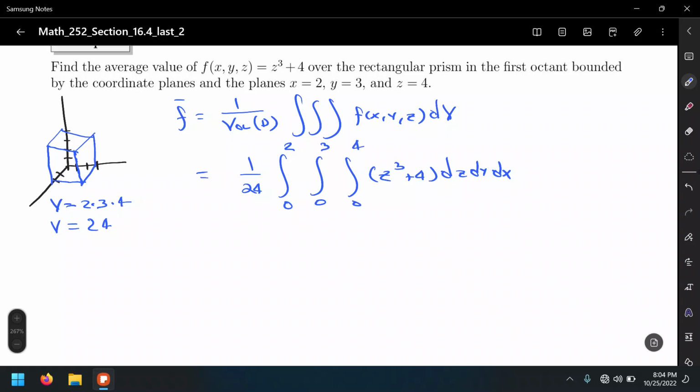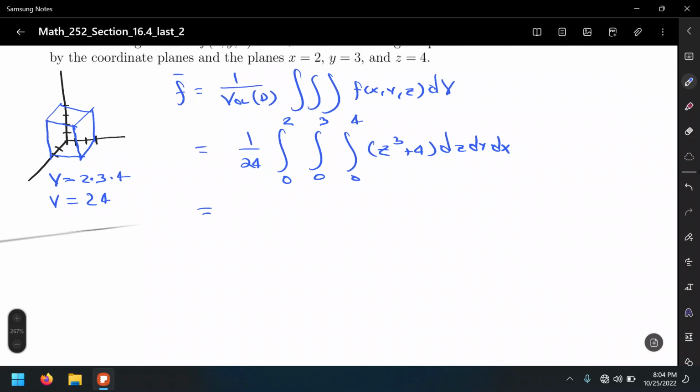And let's integrate. This one we're going to compute the integral. So that's 1 over 24 times the integral from 0 to 2 and from 0 to 3. And the integral with respect to z is z to the 4th over 4, plus, not minus, plus 4z, evaluated from 0 to 4, dy dx.